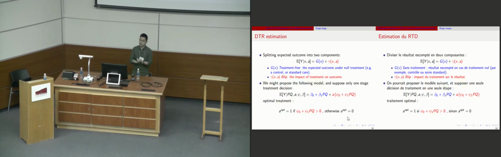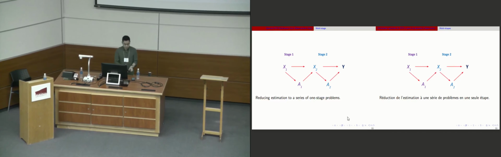Otherwise, we choose treatment 0. Recall that our focus is on binary treatment. So to tailor the treatment, the parameters in the blip function are all we need to know. That's a single-stage decision problem.